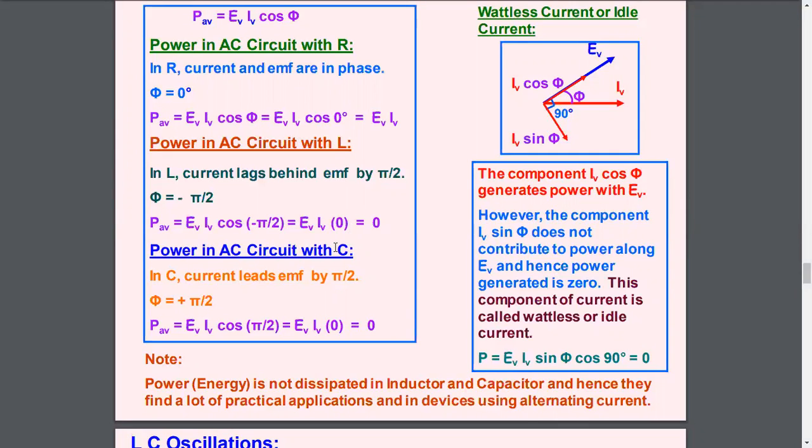Now, similarly, in the case of a capacitive circuit, we have learned that current across the capacitive circuit leads the voltage by a phase difference of pi by 2, and that's why the value of phi will be plus pi by 2 radian.